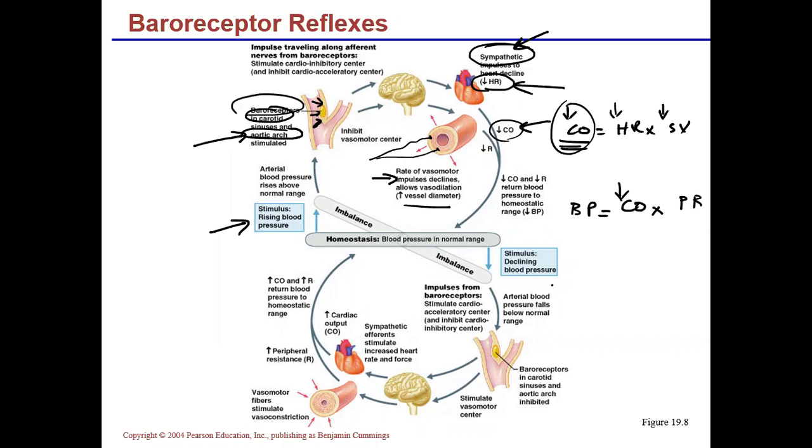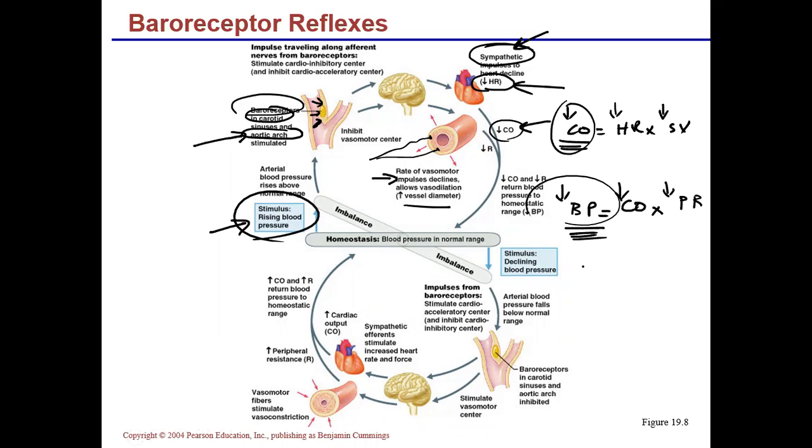That was a major factor. And again, when the diameter is increasing, all right, what we wanted to do is lower the peripheral resistance so we can lower the blood pressure. And that's what we want because the pressure was high. We wanted to lower it, and that's what we did.